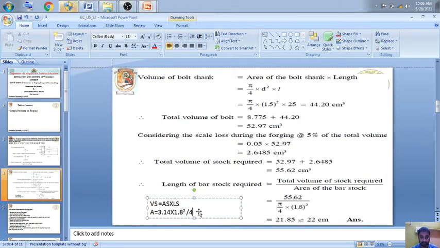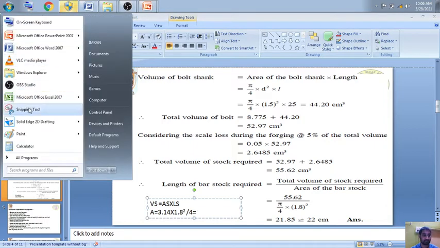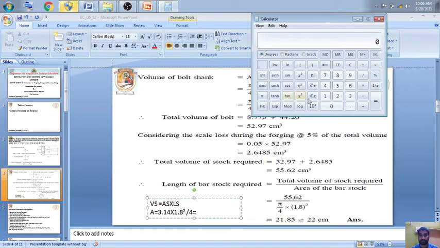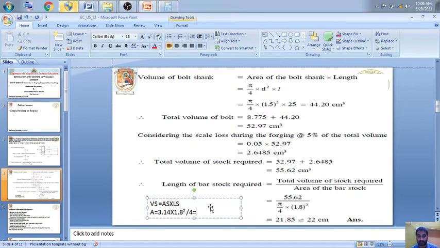So the area will become 0.502. 0.502 centimeter square is the area of the stock.